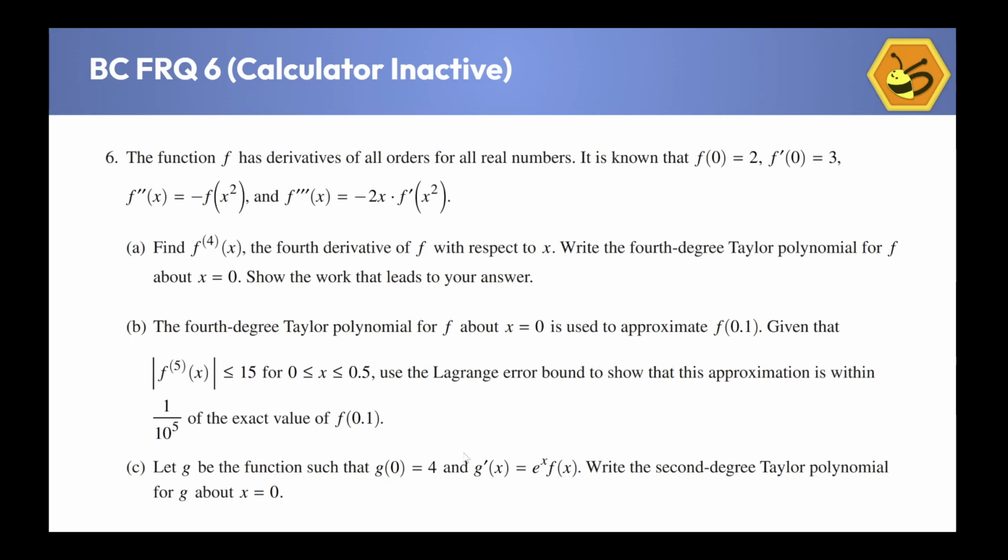The FRQ is not entirely BC only. Yes, part C is BC, because it is an improper integral. This is FRQ 5.